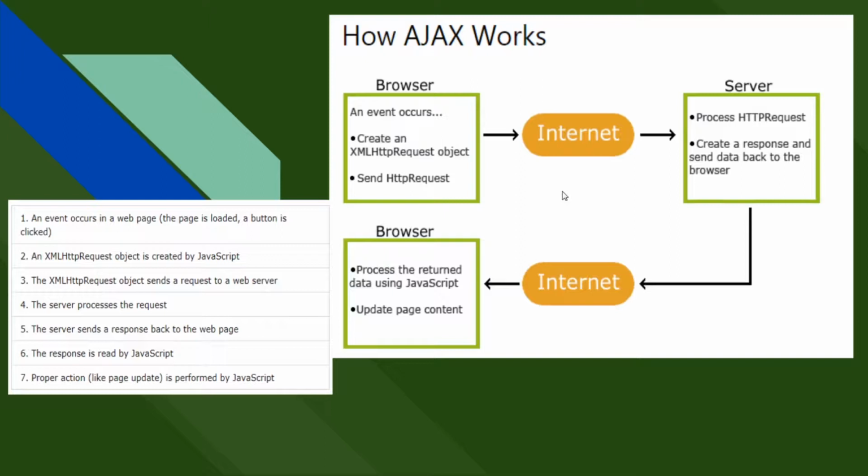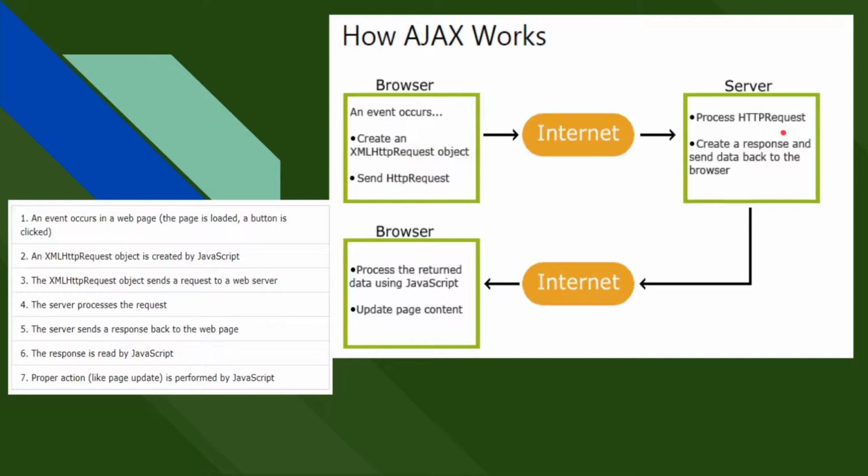So here I will explain how AJAX works. As I said, there are two things. One is browser and second is server. Server is where your database is and browser is you or client. So whenever an event occurs, you create an XMLHttpRequest object and you send that request to the server.